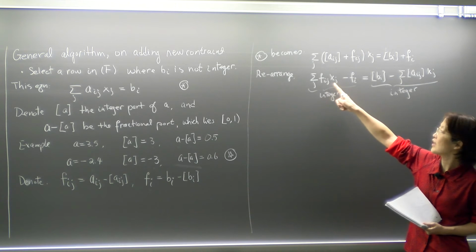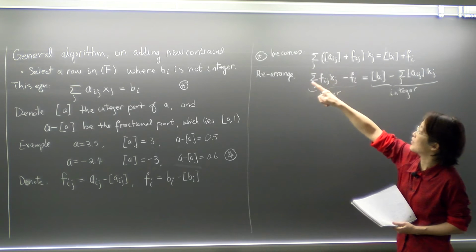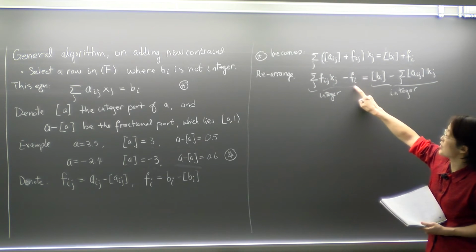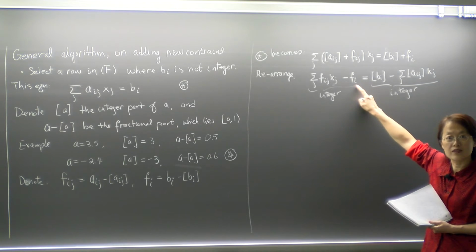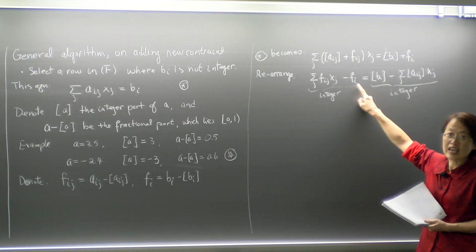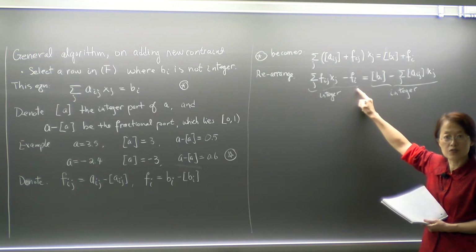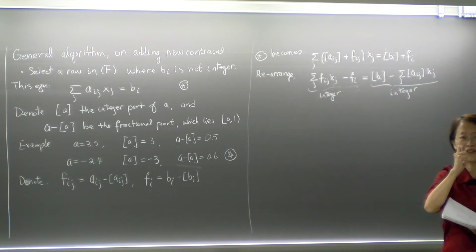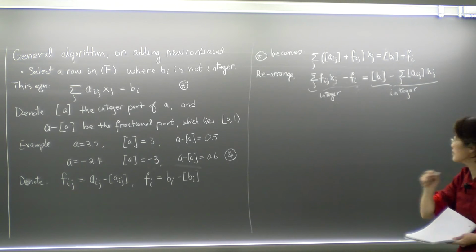The smallest value all these xj's can take is 0. So the smallest value this whole thing can take will be negative Fi, which is a fractional number between 0 and 1. Is that right? But it cannot take that value because the whole thing has to be an integer. So the smallest integer this can have is somewhat bigger than that one, which will be exactly 0. Is that clear, that argument?